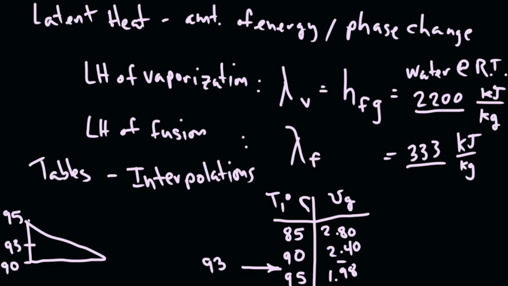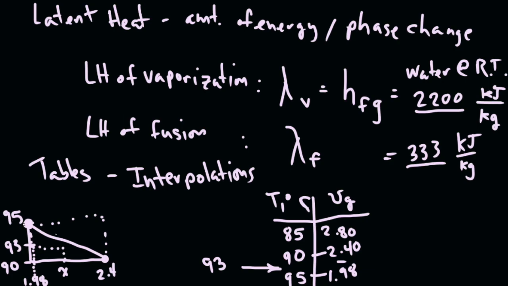On the X axis, 90 is coupled to 2.4, and 95 is coupled to 1.98. Sorry for the confusion here.